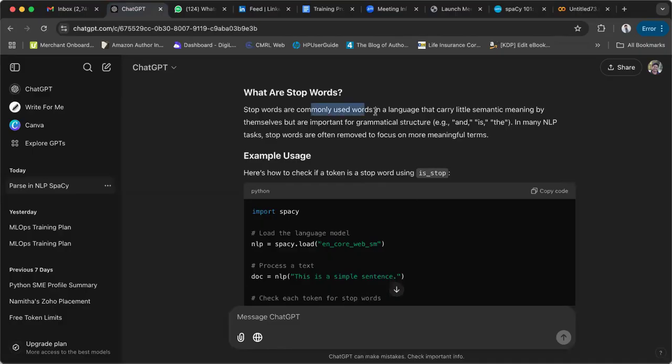The stop words are commonly used words in a language that carry little semantic meaning by themselves, but are important for grammatical structure. Example, "and" is the right one. In many NLP tasks, stop words are often removed to focus on more meaningful terms.